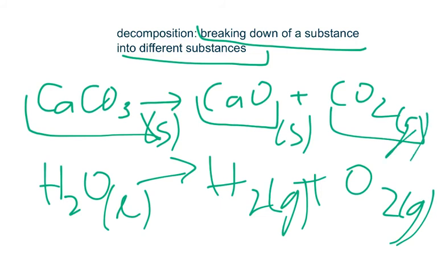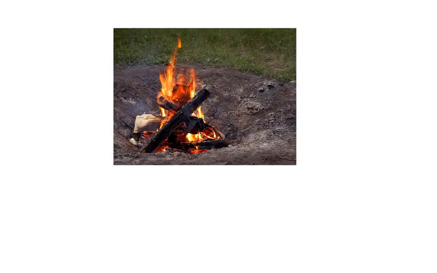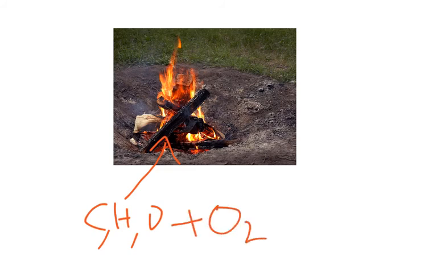Now, I just wanted to add something about combustion reactions. So this is a very common example of a combustion reaction. In the picture, you see wood being burned, and this usually happens during combustion reactions when you have compounds that contain carbon, hydrogen, and oxygen, such as those found in wood, and when they burn, they react with oxygen gas, and they typically produce carbon dioxide and water.